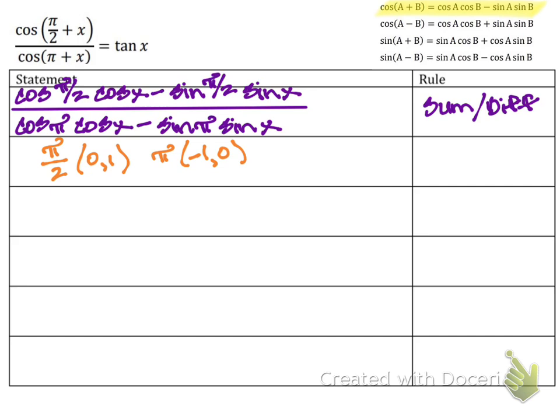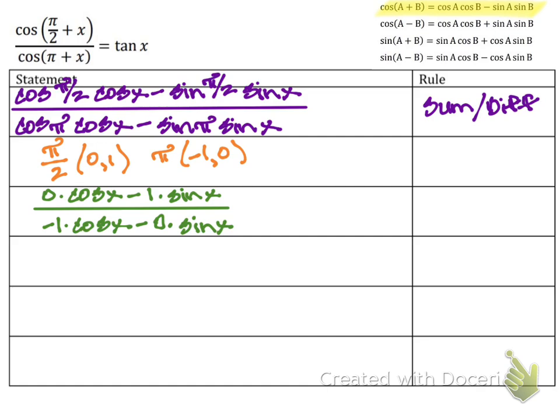So plugging in, I have the cosine of pi over 2, which is 0, times the cosine of x, minus the sine of pi over 2 is 1, times the sine of x, all over the cosine of pi is -1, times cosine x, minus the sine of pi is 0 times sine x.